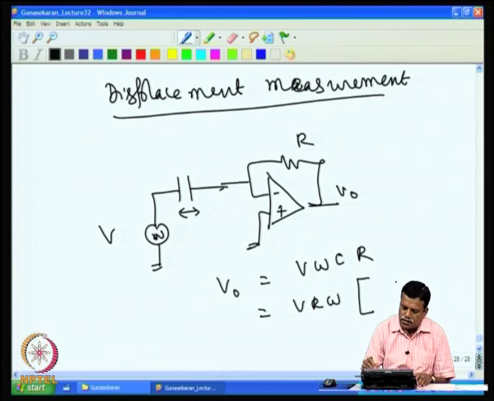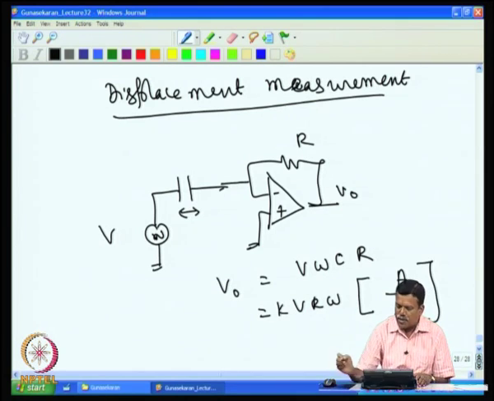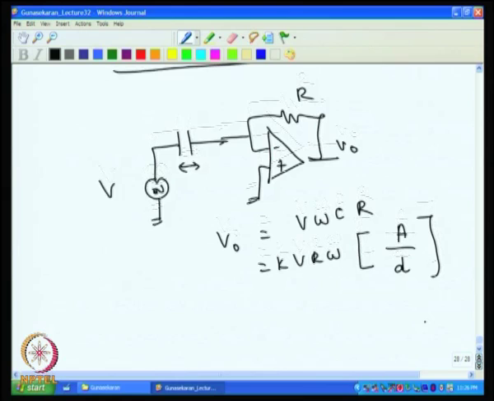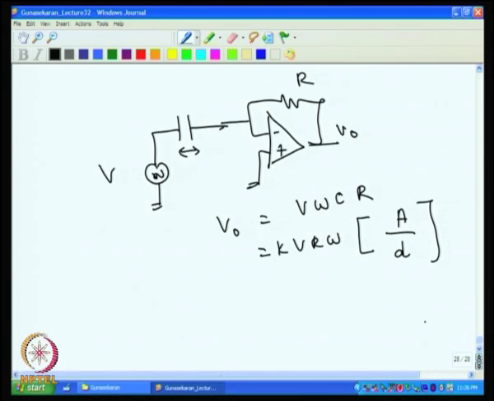If we take V R omega as constant, then C can be written as epsilon naught A by D. So, if D is varied, V naught varies in a 1 by D fashion.